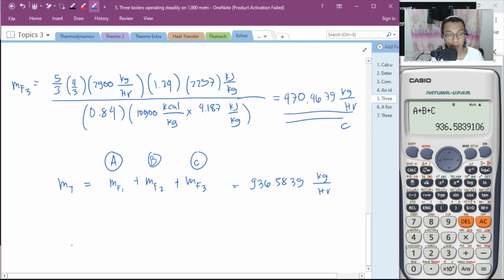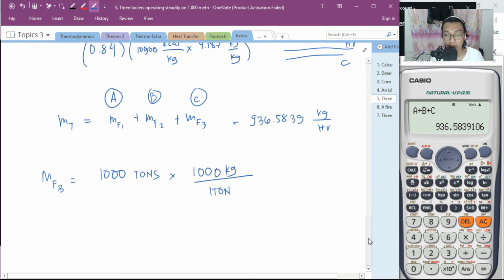Okay? Pero meron tayong binigay dito mass of the fuel sa bunker. That is 1,000 tons. Multiply natin ng 1,000 kilograms per 1 ton. Di 1 million kilograms.